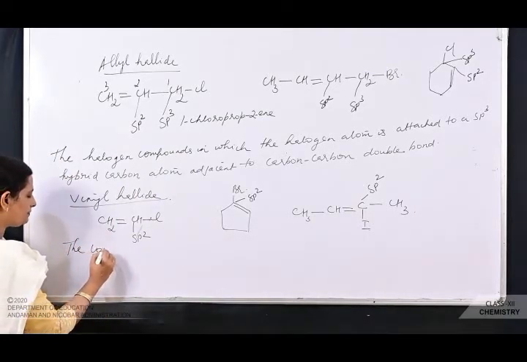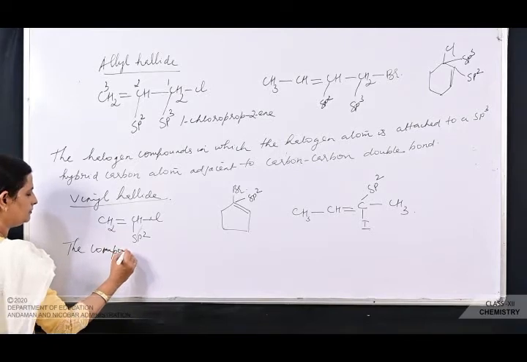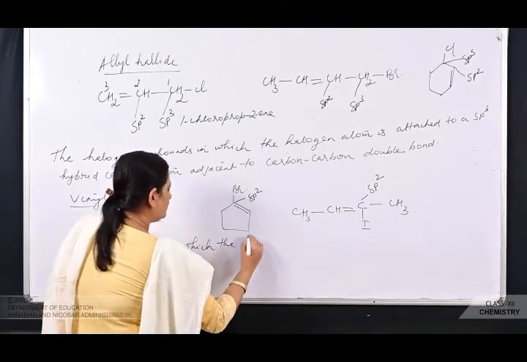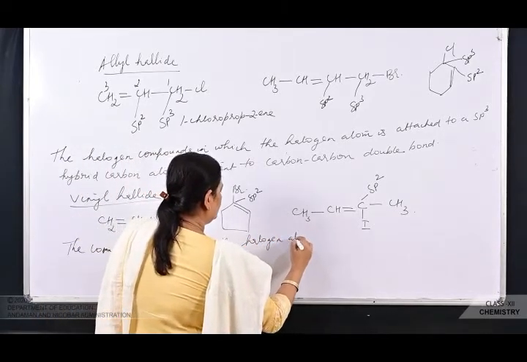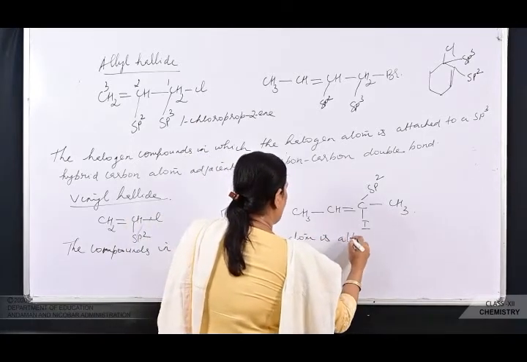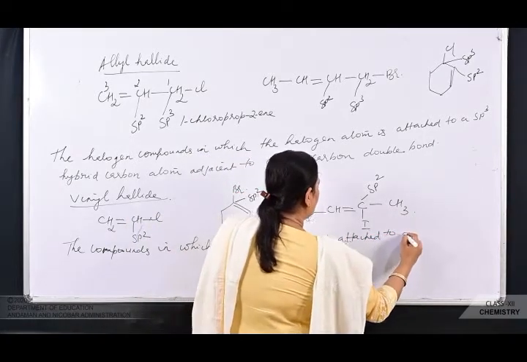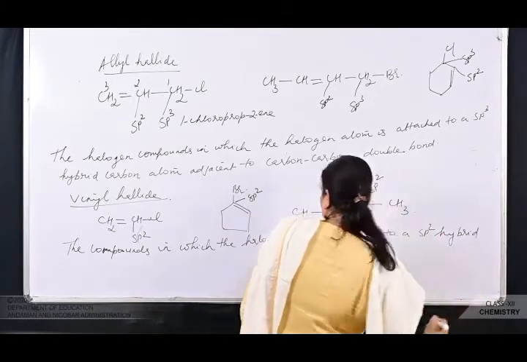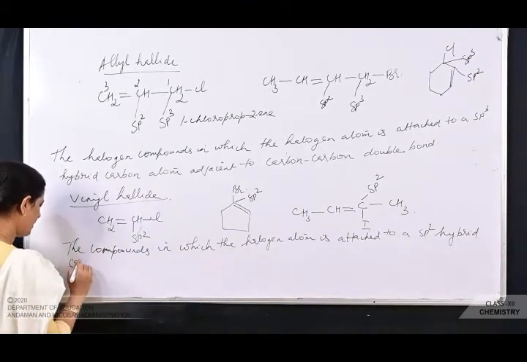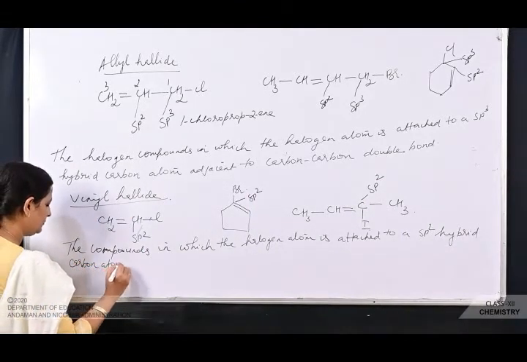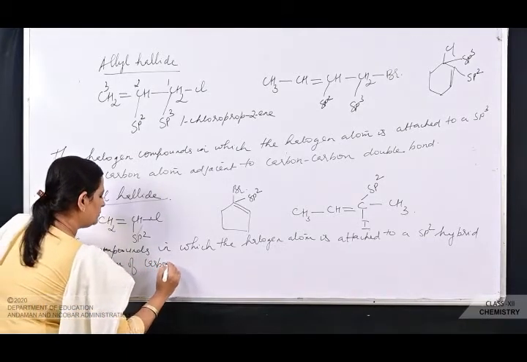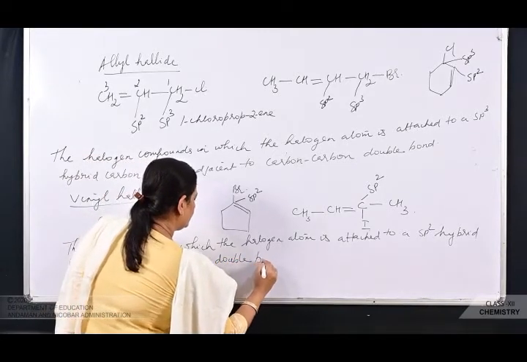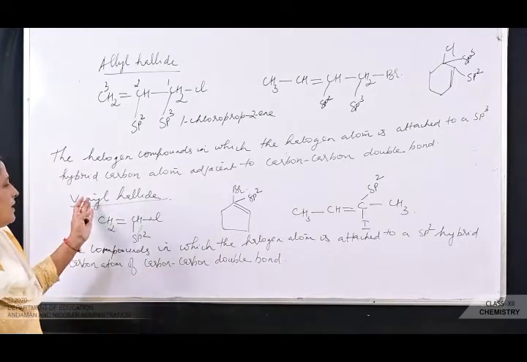The compounds in which the halogen atom is attached to a sp2 hybrid carbon atom of carbon-carbon double bond is known as vinyl halide.